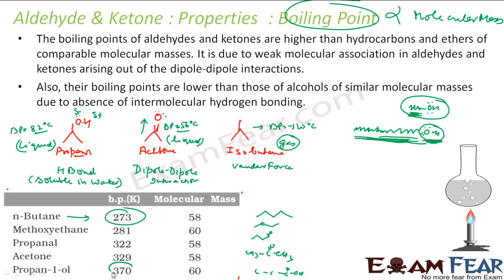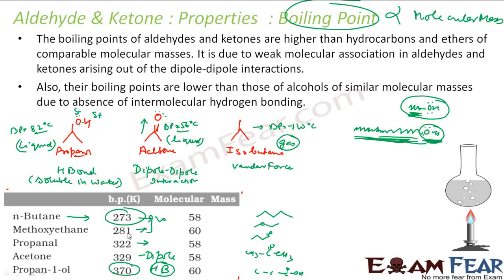has the highest boiling point. Why? Because a hydrogen bond is there. Acetone has a dipole, still better. Propanal is an aldehyde, not much. Methoxyethane, nothing there. These have just weak van der Waals force.